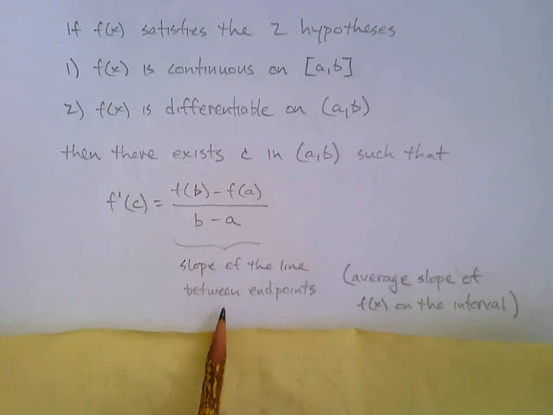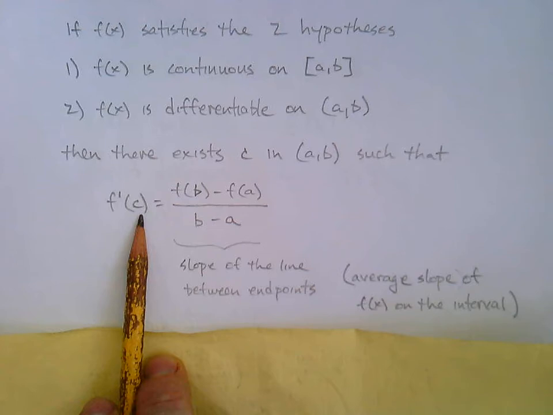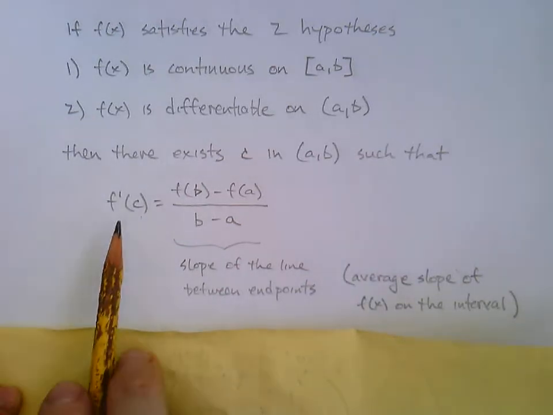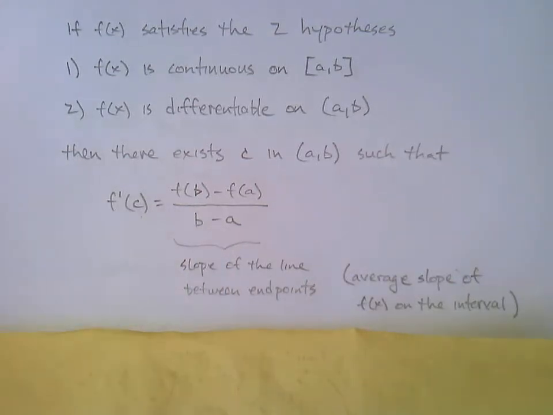That's the slope of the line connecting the endpoints. So somewhere there's got to be a c between a and b where the slope of the tangent line there is the same as the slope of the line connecting the endpoints. Or you might say the tangent line at c is parallel to the line that connects the endpoints.